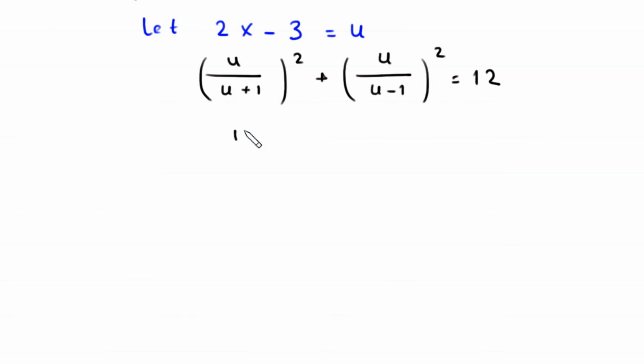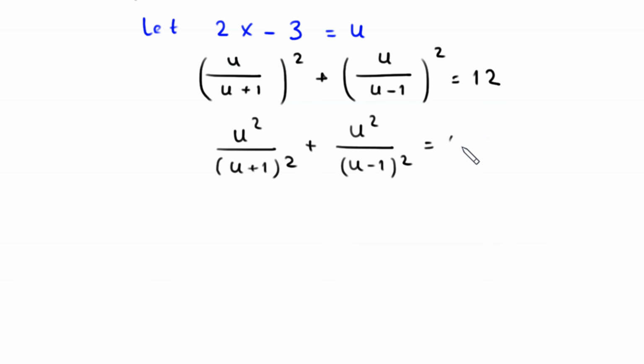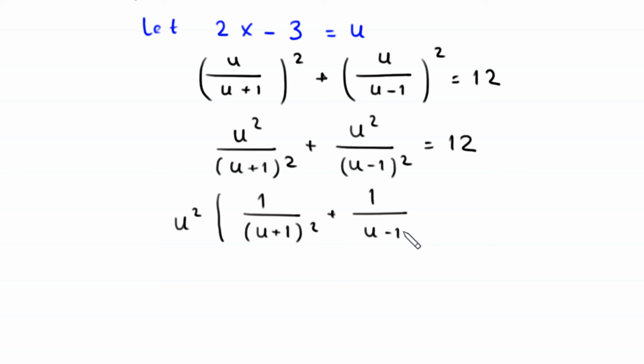Now this will become u squared over (u+1) whole squared plus u squared over (u-1) whole squared equal to 12. We can factor out u squared, and in the bracket is left 1/(u+1) whole squared plus 1/(u-1) whole squared, equal to 12.